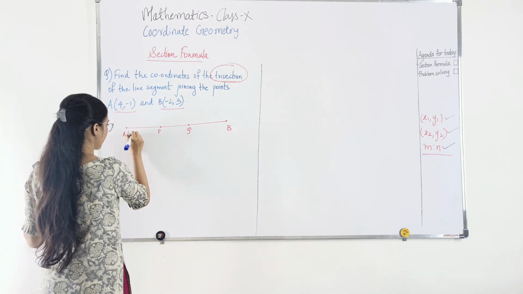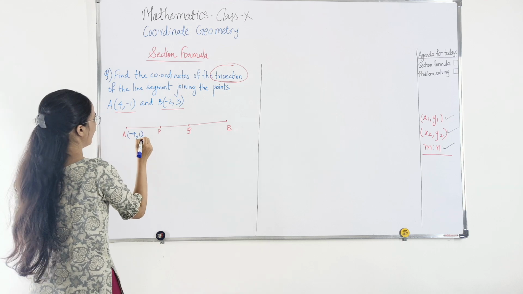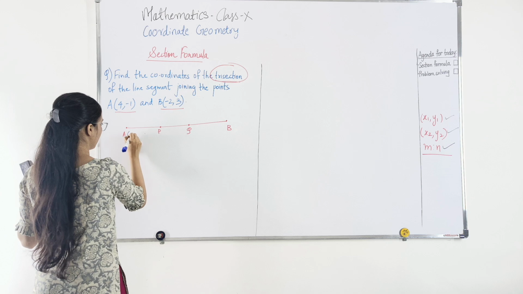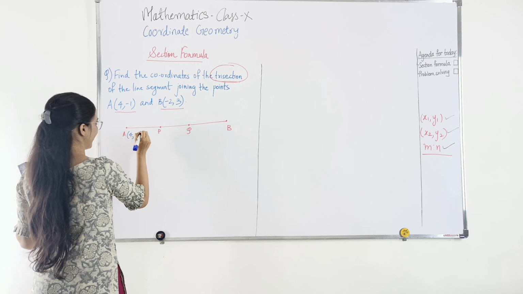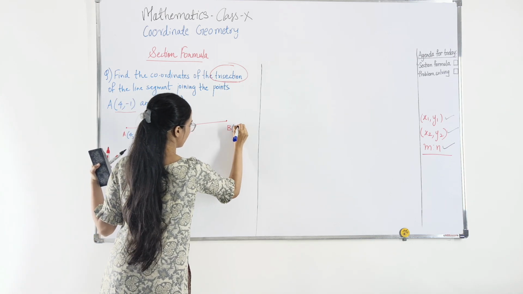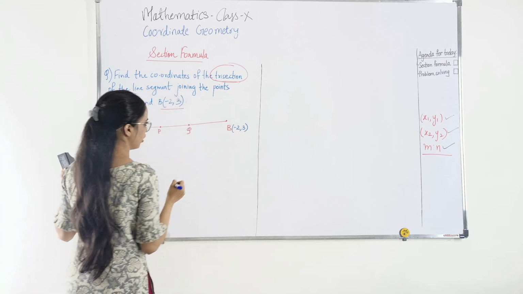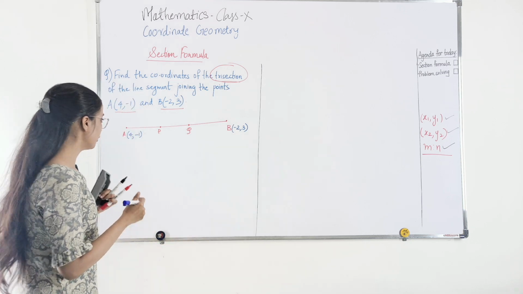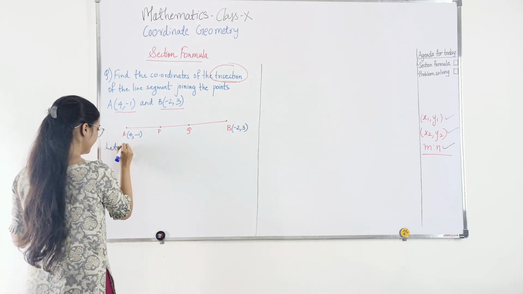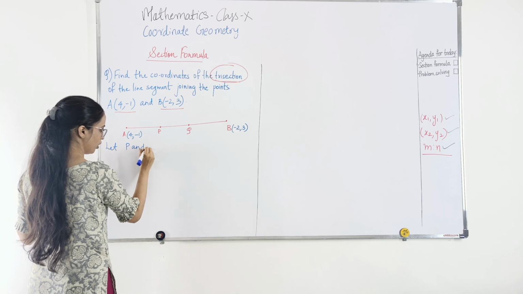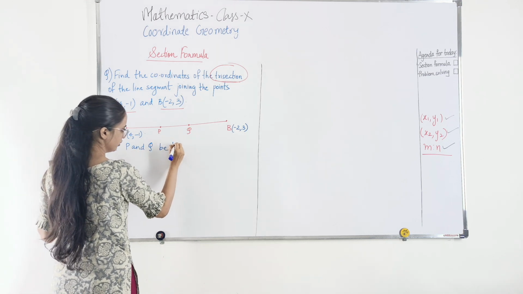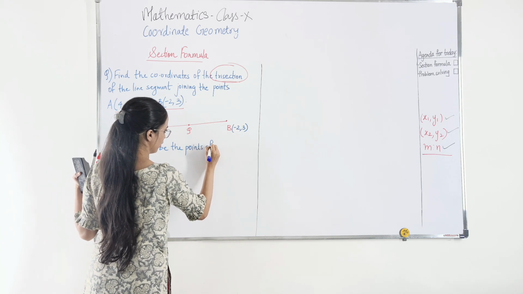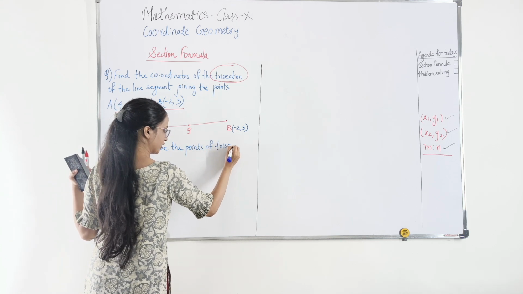So A is nothing but 4, minus 1 and B as minus 2, 3. Now we would say that let P and Q be the points of trisection.